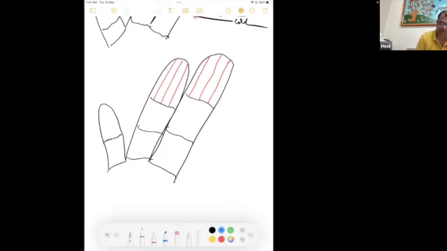Let's first divide from the center. Now the upper part for yang and the lower part for yin.